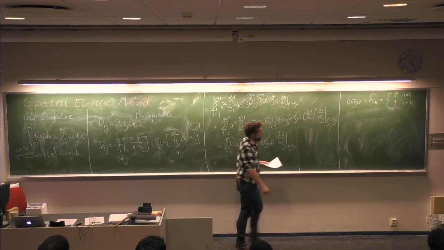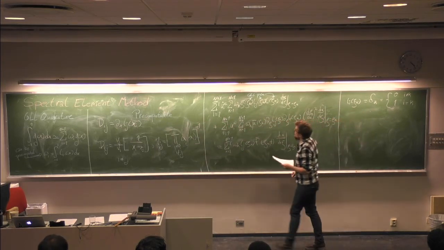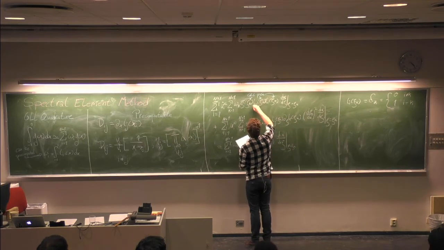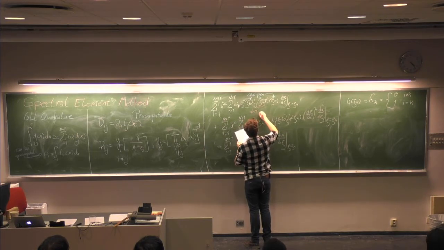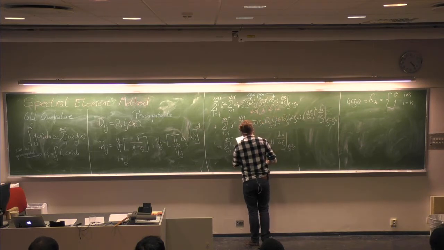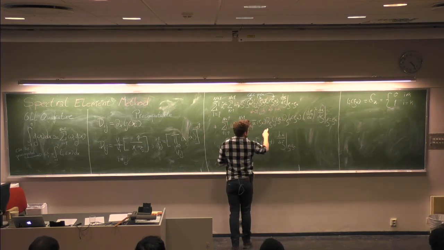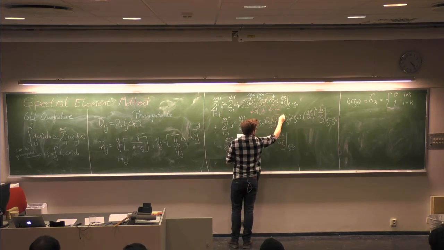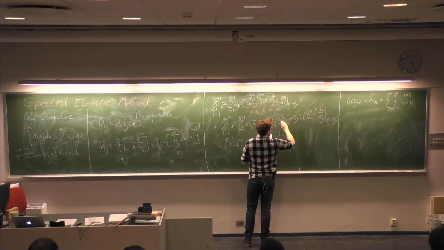So using this property, you see that this is non-zero only when j equals k, and the same goes for this bit, that this is only non-zero when i equals k, and the same goes for this and this.